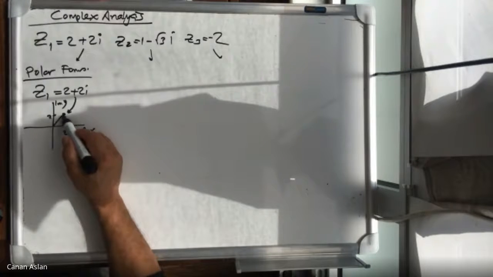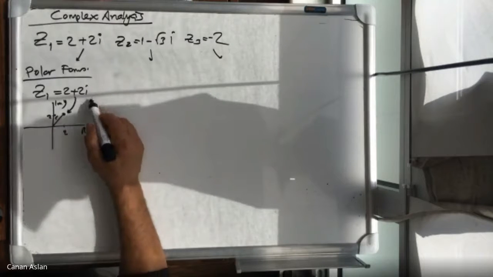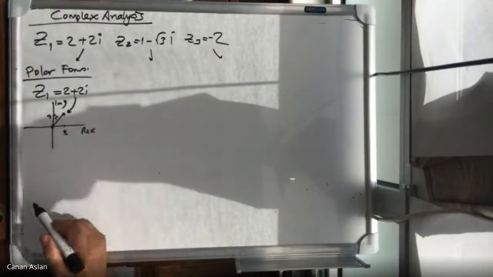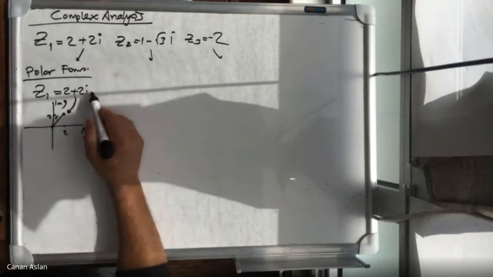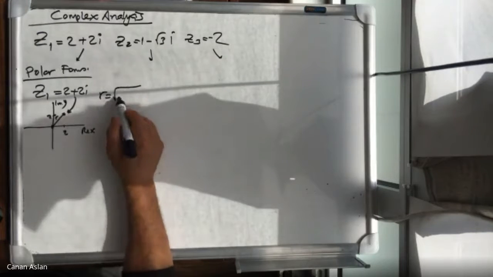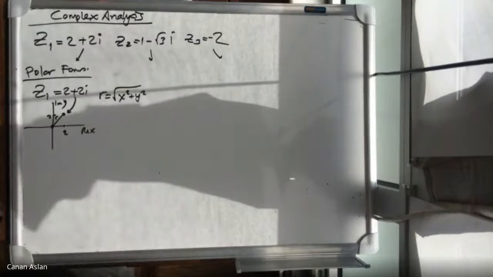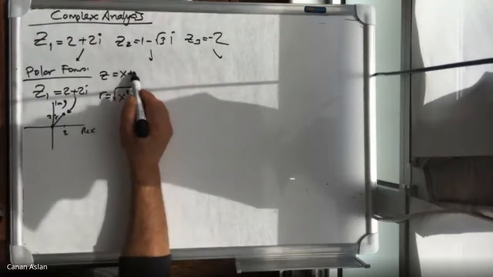Actually, you have to get the radius r and also this angle theta, right? So r is the length of the vector that is drawn from the center to the point here. How can we get this? It's very simple. It's the square root of x squared plus y squared, if z is given by x plus iy.